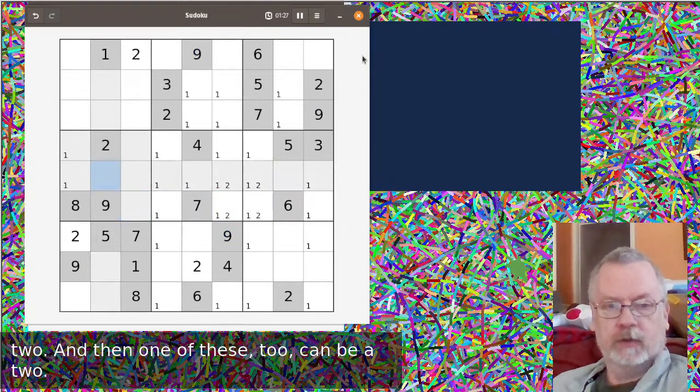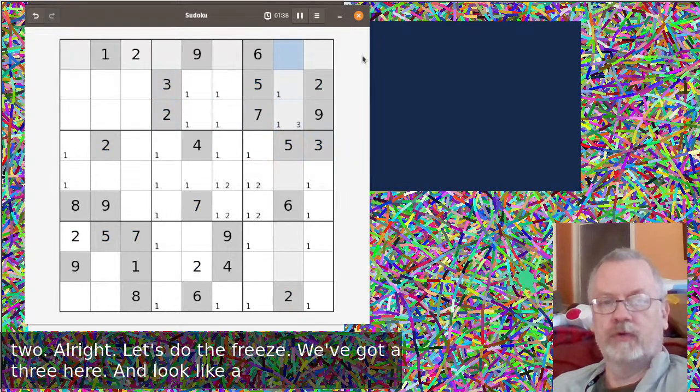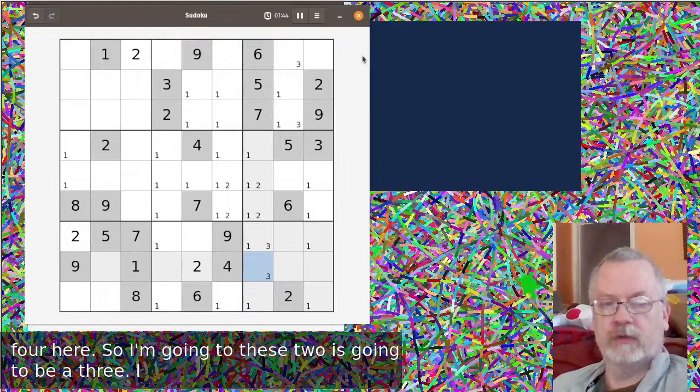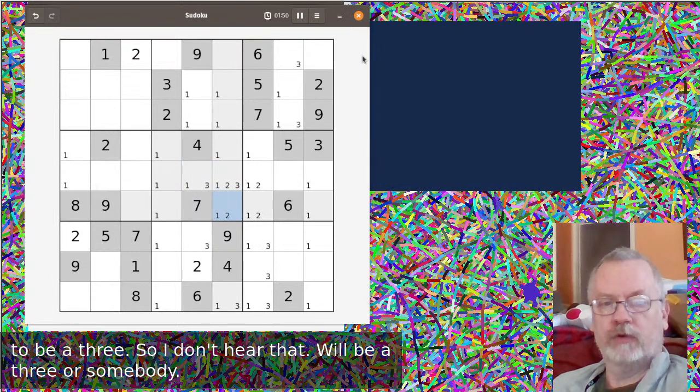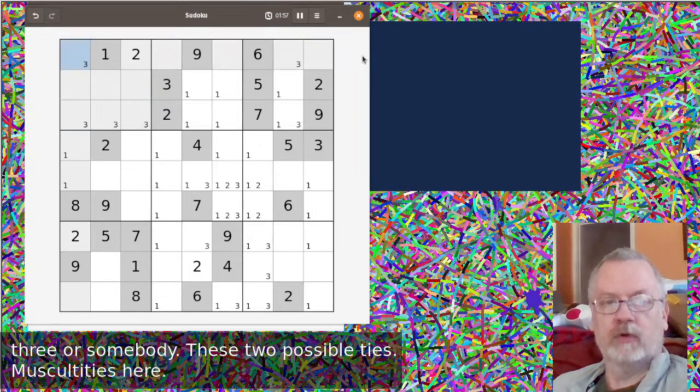All right, let's take a look at 3s. We've got a 3 here, and that looks like it's, nope, we've got one other 3 on the board here. So one of these 2 is going to be a 3. Since we've got one here, that means one of these 3 will be a 3 as well. We've got these 2 possibilities and 3 possibilities here. I've got all kinds of possibilities here, at least 4 of them.